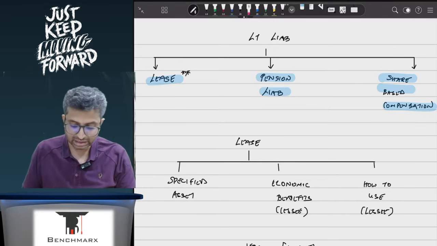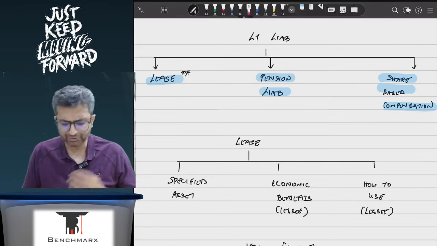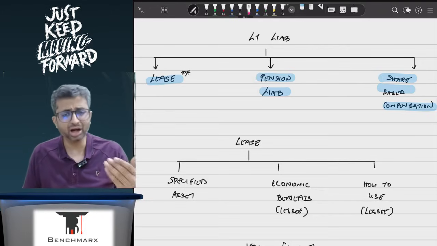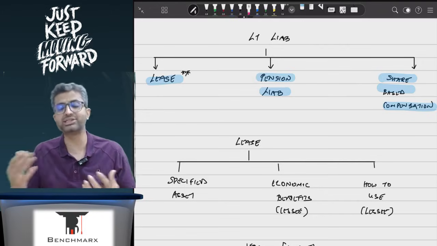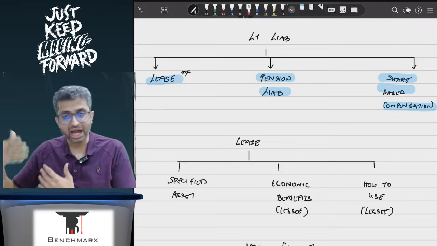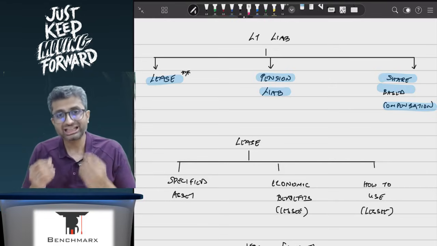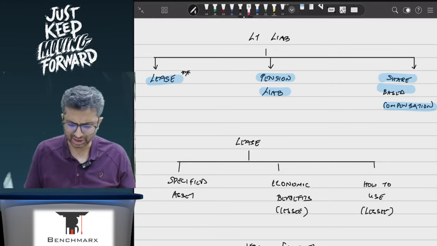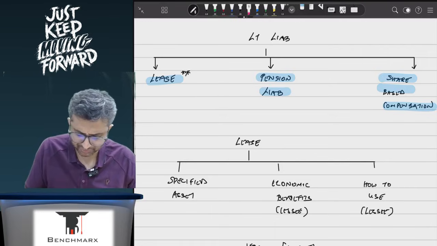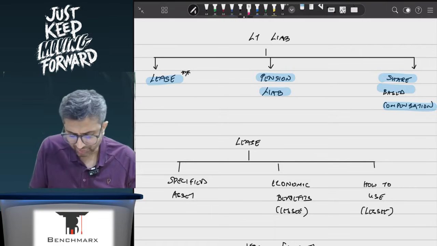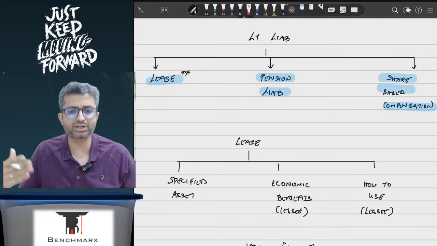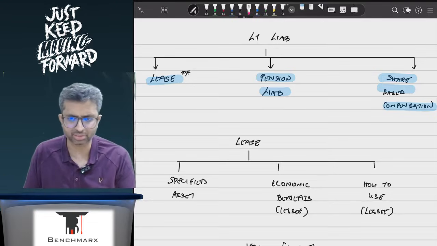So when I look at the lease under IFRS, at least, you will record this as if you are having a liability to pay, and for that liability you are paying a certain amount. That is the cost of your right of use asset. So over here, when you look at IFRS, whether you call it a finance lease or operating lease, the CFA Institute sometimes uses that interchangeably.